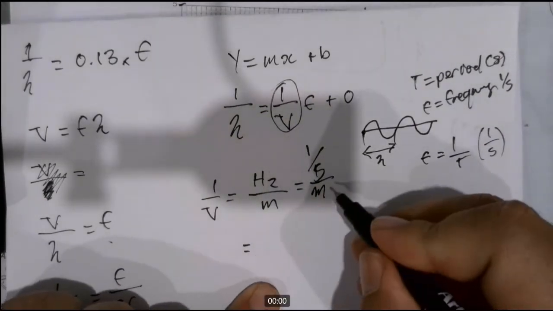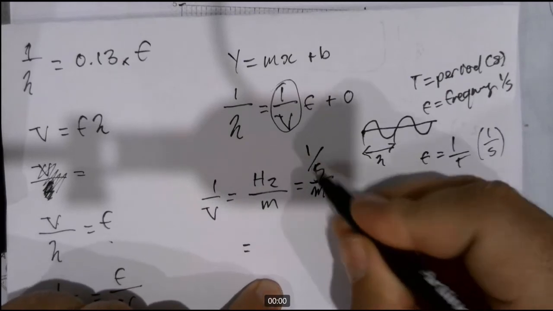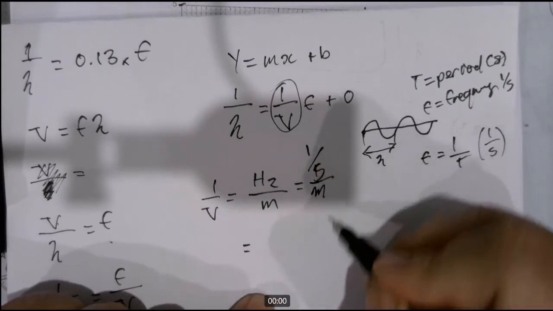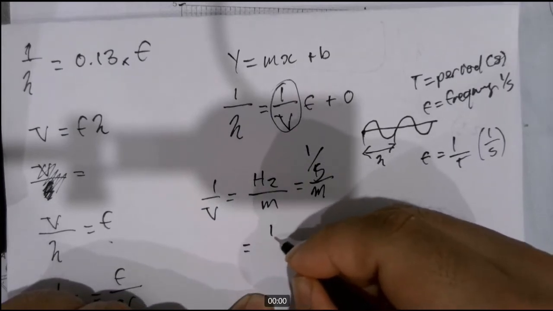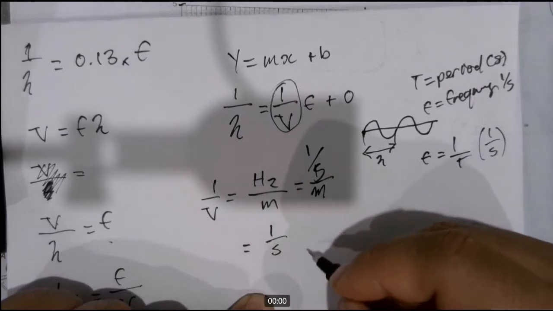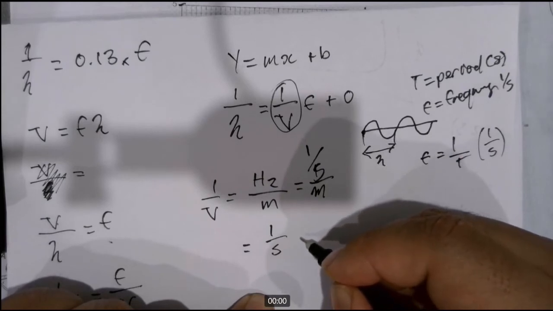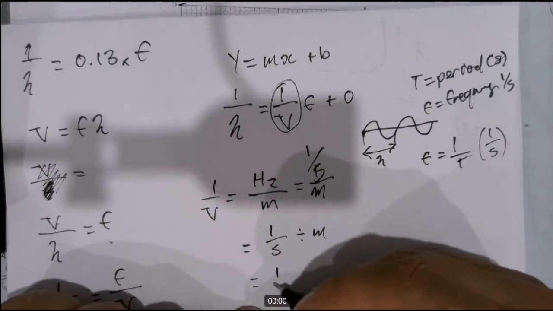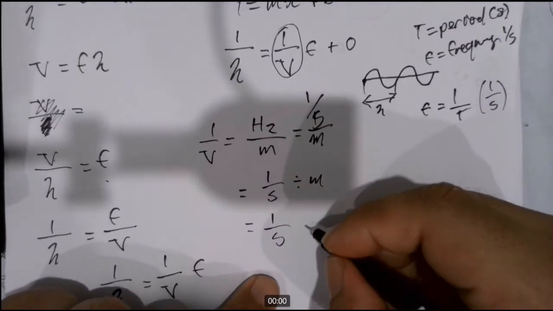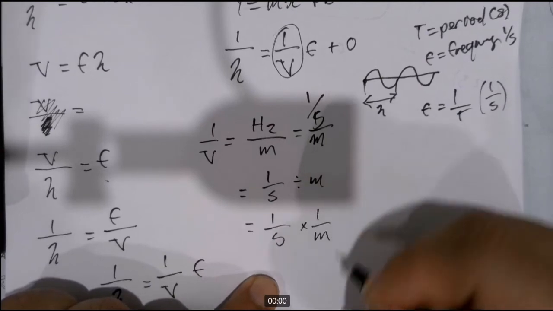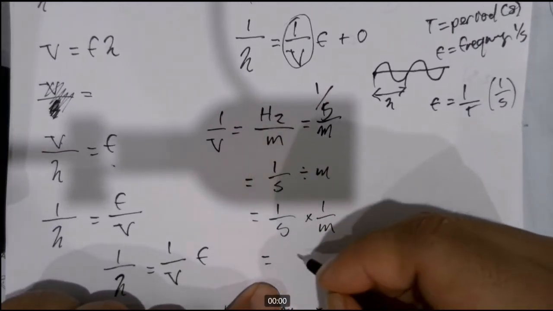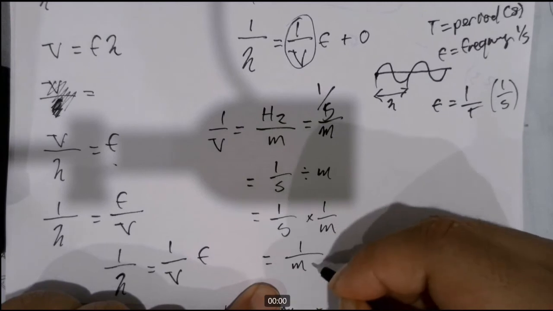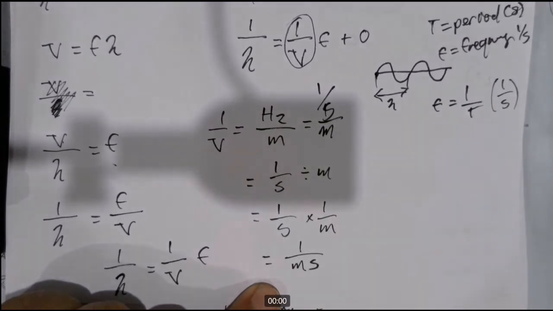When you have a division between fractions, we can invert them and multiply them. So 1 divided by seconds divided by meters, it's like writing 1 divided by seconds times 1 divided by meters, which gives us 1 divided by meter seconds.